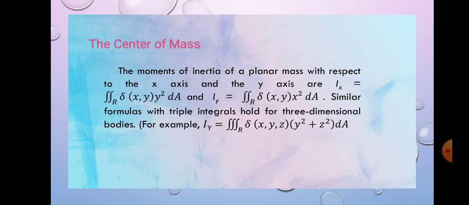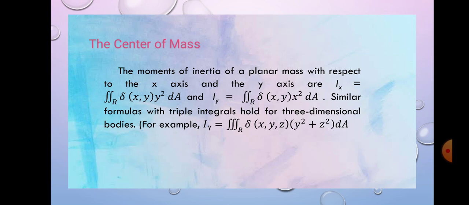The moments of inertia of a planar mass with respect to the x-axis and y-axis are Ix is equal to the double integral over R of density δ(x,y) times y squared dA, and Iy is equal to the double integral of density δ(x,y) times x squared dA.